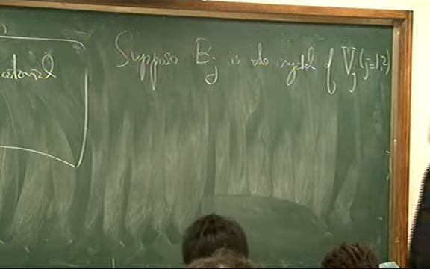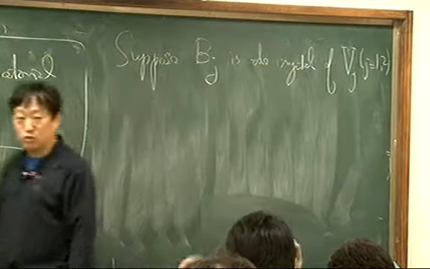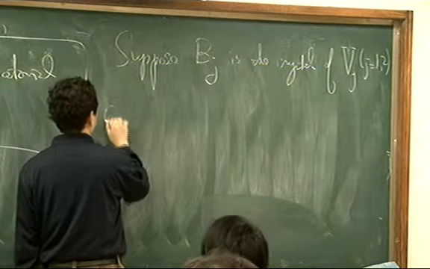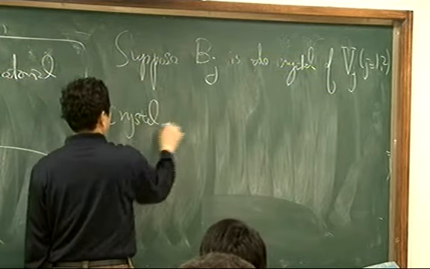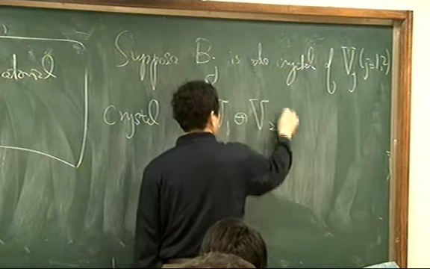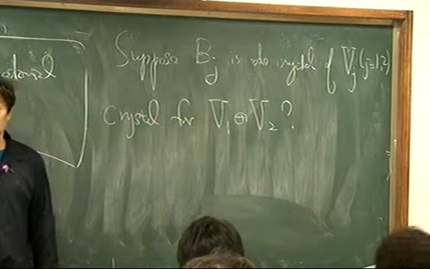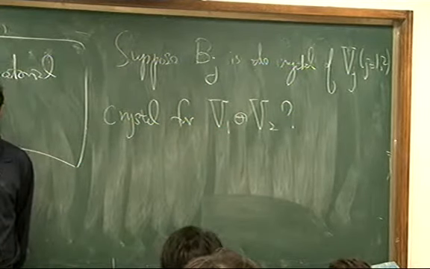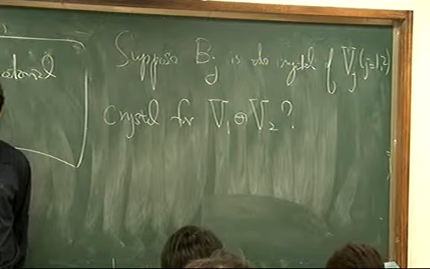Okay. And then we can ask questions. First, what is the crystal for the direct sum? So what is the basis for the direct sum? It's just a union.